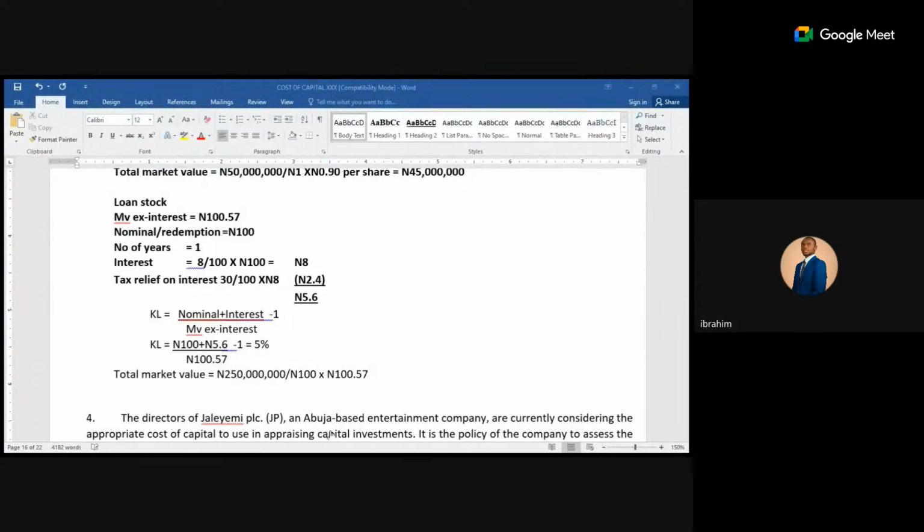At the end of that calculation, you state the assumption: during the course of the analysis, it was assumed that the nominal value of the debt is 100. That is allowed. You've stated it.